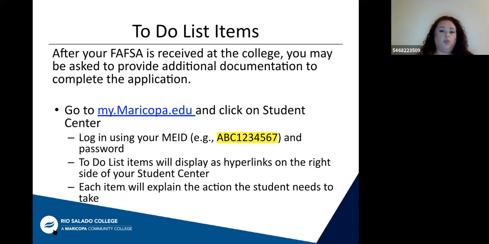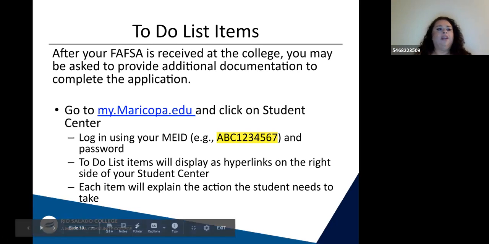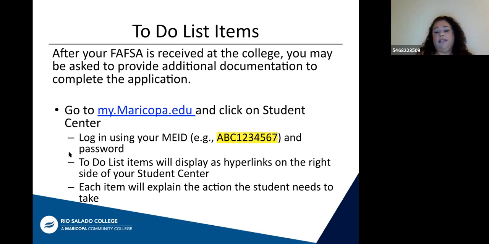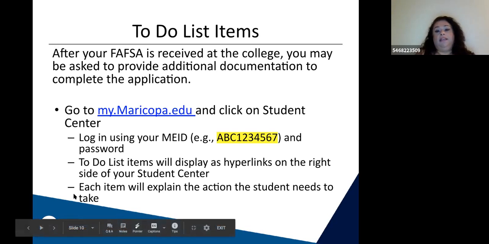You're given a to-do list, and that sometimes will delay a student if they don't stay actively checking their student centers. They won't know that those documents are sitting there waiting for them to complete, and they're wondering, well, why haven't I gotten my financial aid? And it's usually because they have items that are incomplete, or that they have not submitted, that they don't know about because they haven't checked that student center.